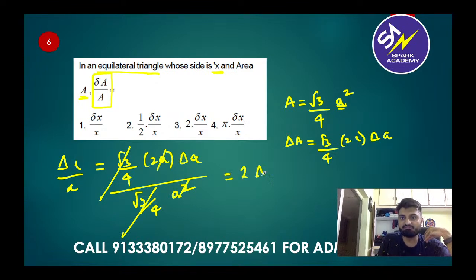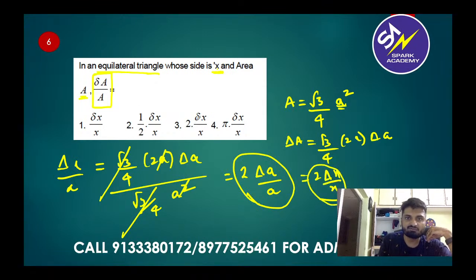You are getting the final answer as 2 times delta a by a. Or they said side is nothing but x, so I can write 2 times delta x by x, which is nothing but the third option. Great, Shripad, Varsha, Matruka, Sravya, good job. Shruti, good job guys.